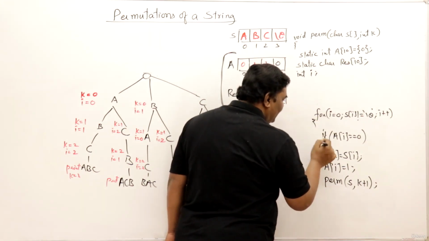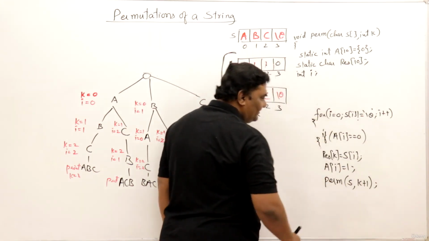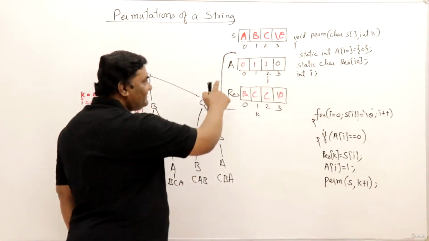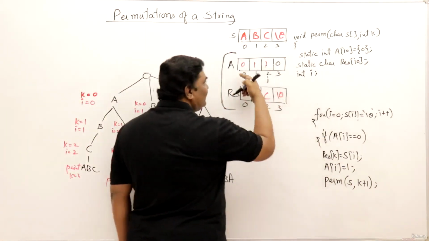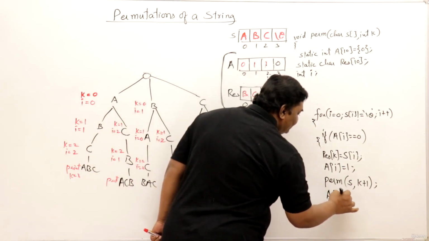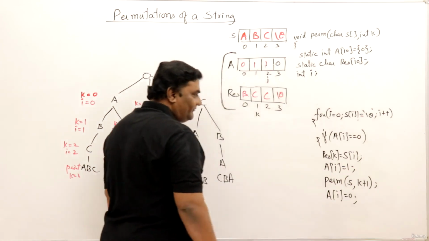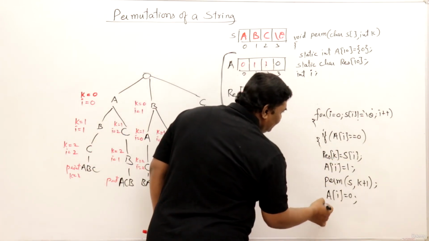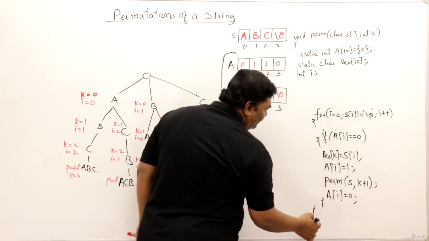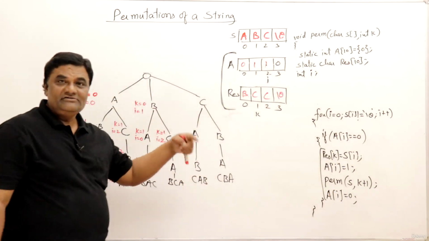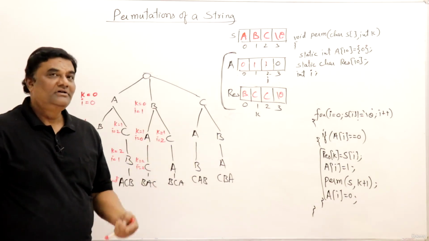And when the function call is returning, I should make this A of I as 0 back again. This is the step I was doing, and this all happens if A of I is 0. That's all, and this is the end of the for loop. So these are the things that are inside the if, and that's all happening in the for loop.